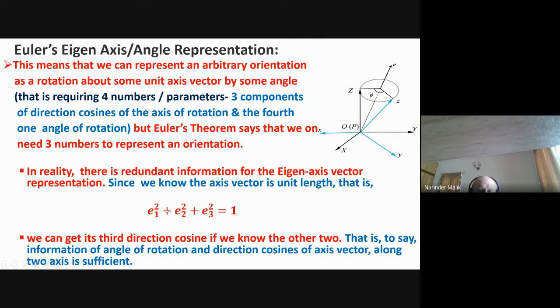So if I know two parameters, E1, E2 or E2, E3 or E3, E1, the third one is automatically fixed. So I need to know only two of these parameters and the angle of rotation. That satisfies my three parameter requirement. Because of shortage of time, I have skipped the detailed mathematical explanation.